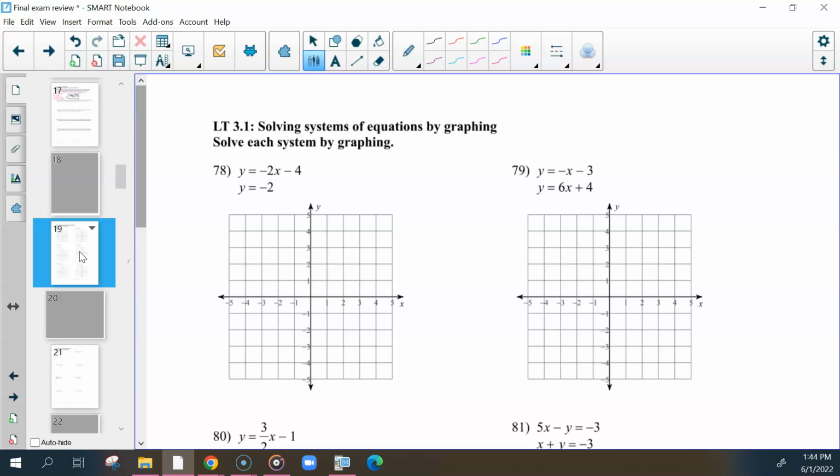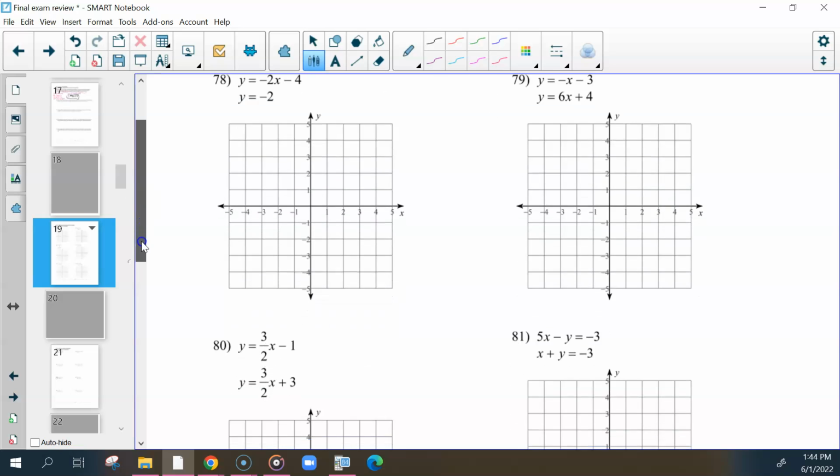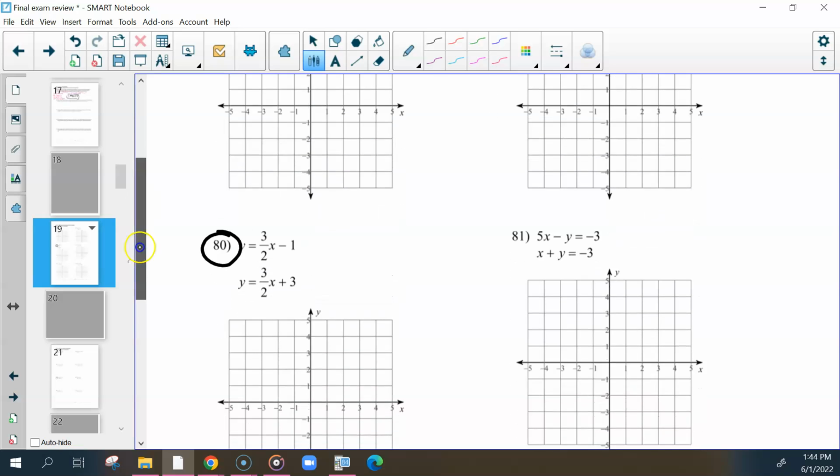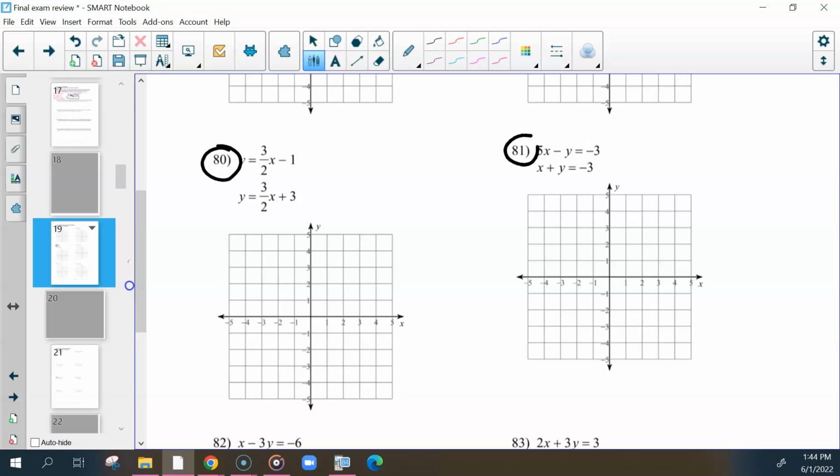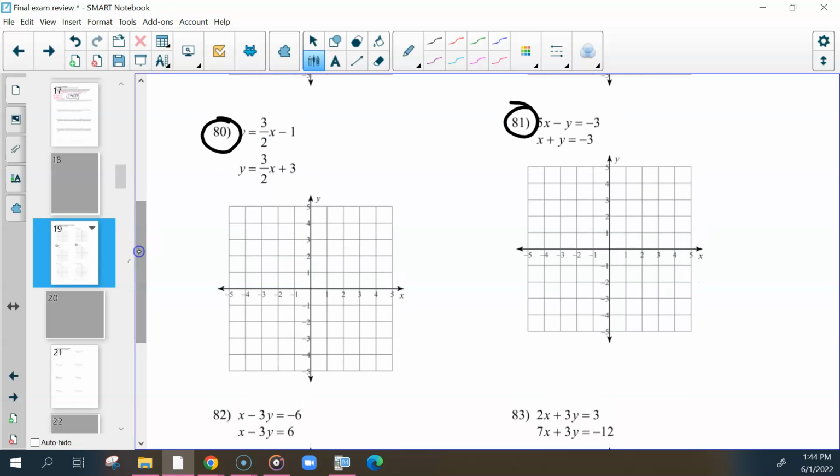We are now in Unit 3, our systems. In our systems, we're going to jump down to number 80.